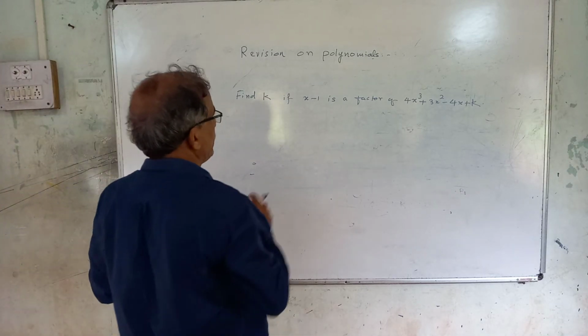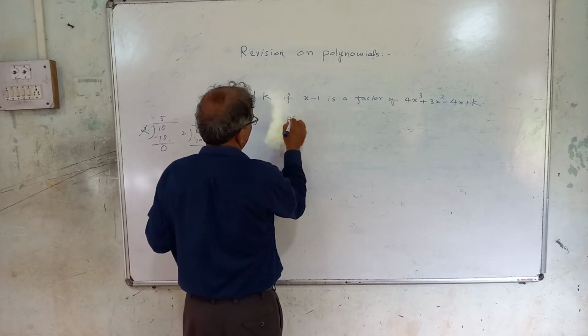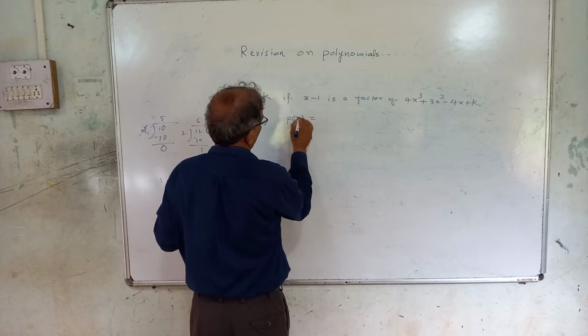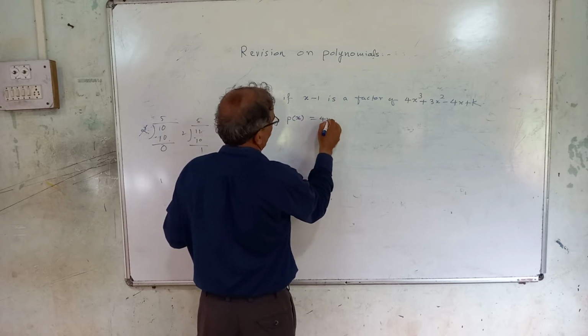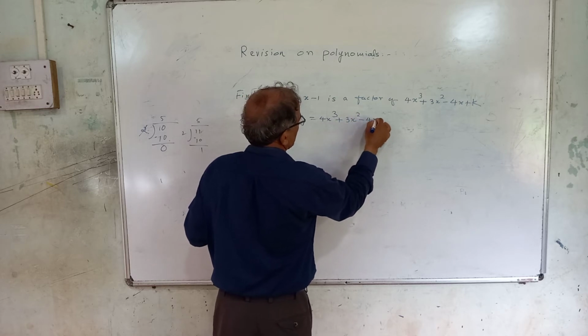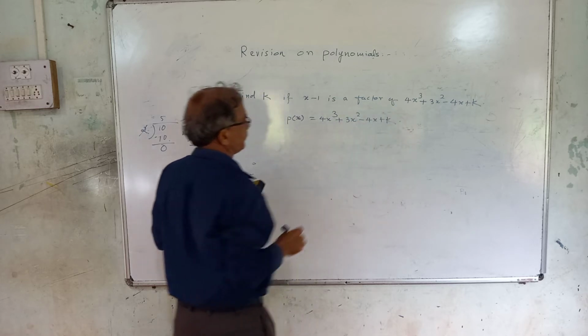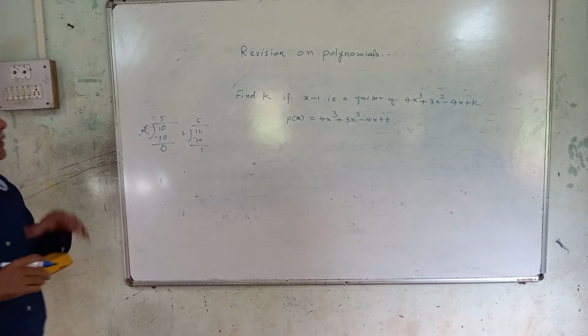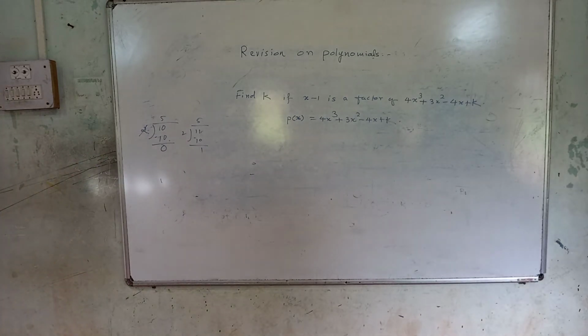And now, what is our polynomial? p(x) is equal to 4x cubed plus 3x squared minus 4x plus k. Isn't it? It is divided by x minus 1. Now, if it is divided by x minus 1, to get the remainder, what we have to substitute?